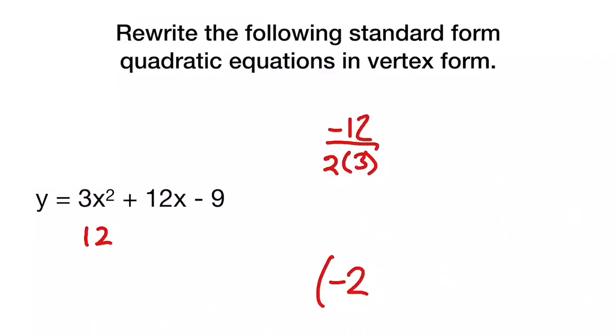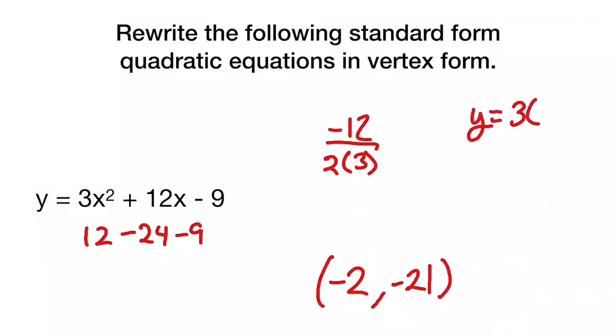Plus, in this case, negative 2 times 12 is minus 24, minus 9. So 12 minus 24 is negative 12. Minus 9 is negative 21. At which point, y equals 3 times (x plus 2) squared minus 21. And that's how we do these. Thank you very much. Have a good day.